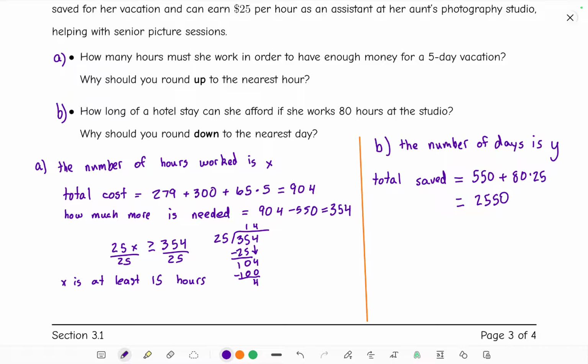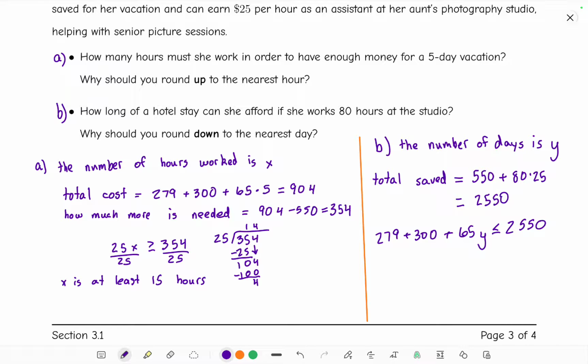Her total cost, which we did before, was 279 plus 300 plus 65 times 5. But that's when we knew we were staying 5 days. This will be 65y. Well, this time, because this is the cost, not how much we need to save up, this has to be less than or equal to the 2550.